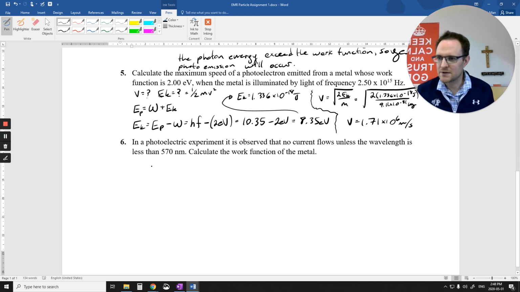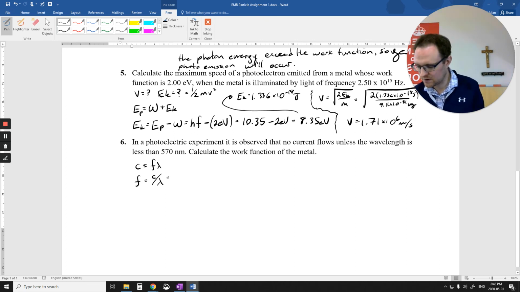In a photoelectric experiment, it is observed that no current flows and that the wavelength is 570 nanometers. What is the work function? So remember, the wavelength can be converted to frequency pretty easily by using c equals f lambda. I can say f is equal to c divided by lambda.